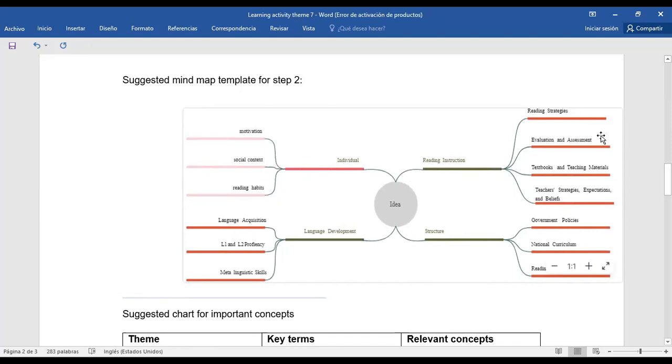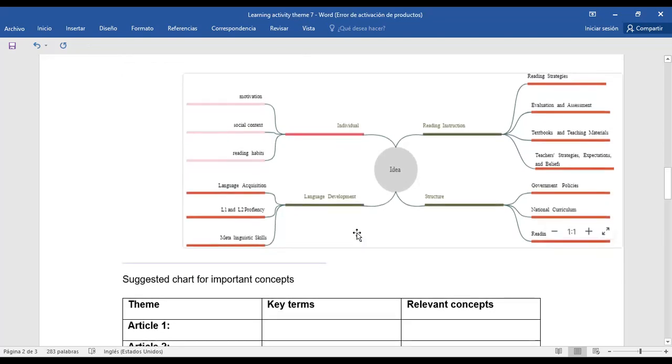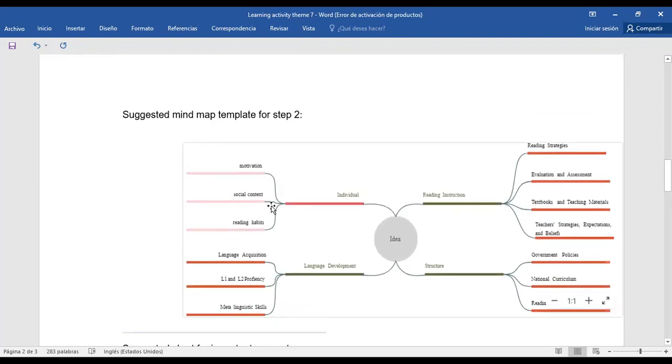About reading strategies, evaluation and assessment, textbooks and teaching materials, teachers' strategies, expectations, and beliefs. The structure is related to the social organization: the government policies, national curriculum, and reading policies. Language development, language acquisition, L1 and L2 proficiency, and meta-linguistic skills.